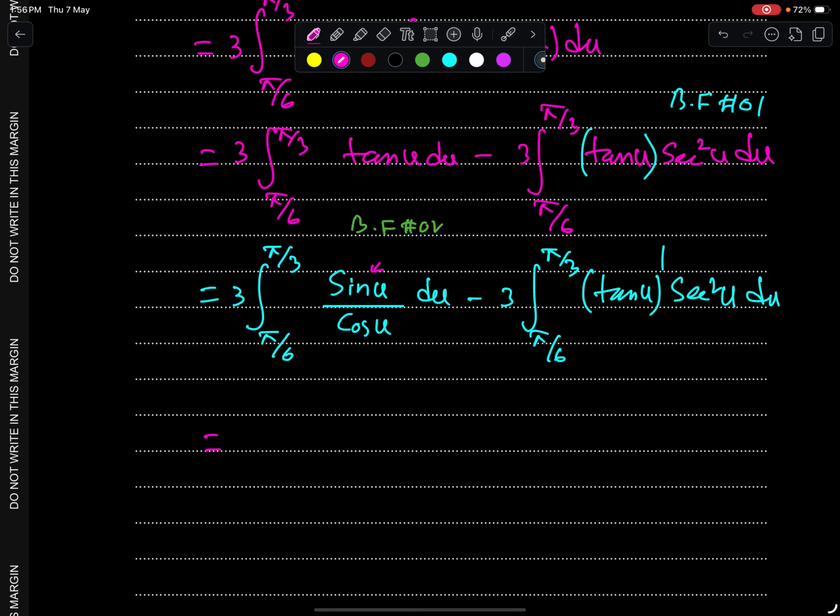Here in this differential, minus 1 is missing. So 3, according to basic formula 2, write ln cos u and divide ln cos u by the missing differential, which is minus 1. Pi by 6, pi by 3.